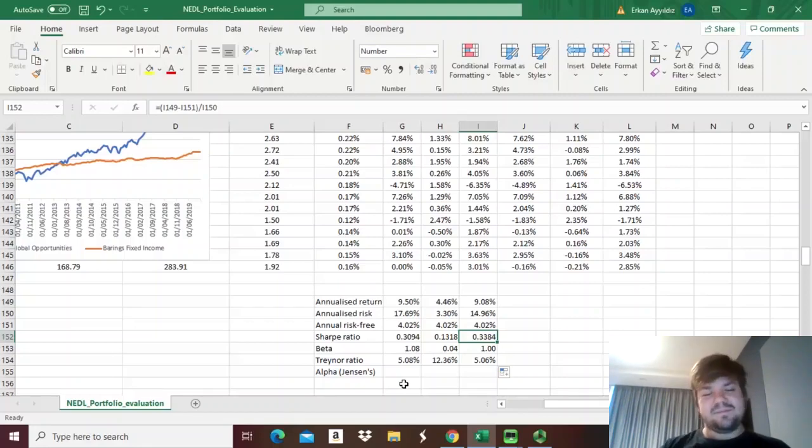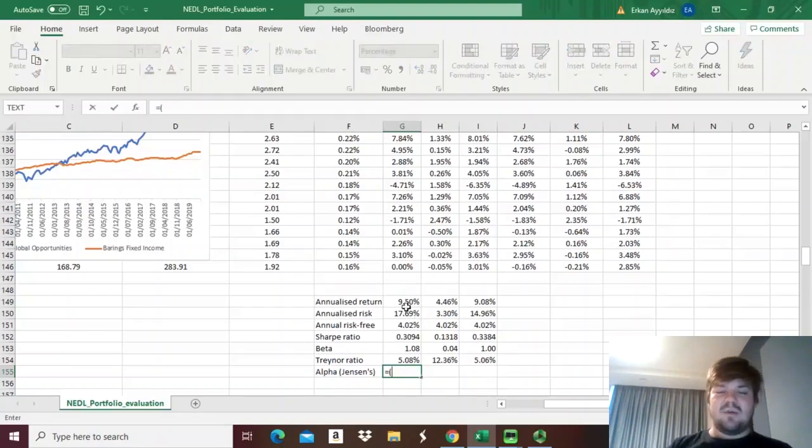To calculate Alpha, you need to subtract the return that is expected of your portfolio given its market risk exposure from the actual excess return that your portfolio delivered. So it's very simple. We just subtract some measure of risk from the actual excess return, without dividing by it.